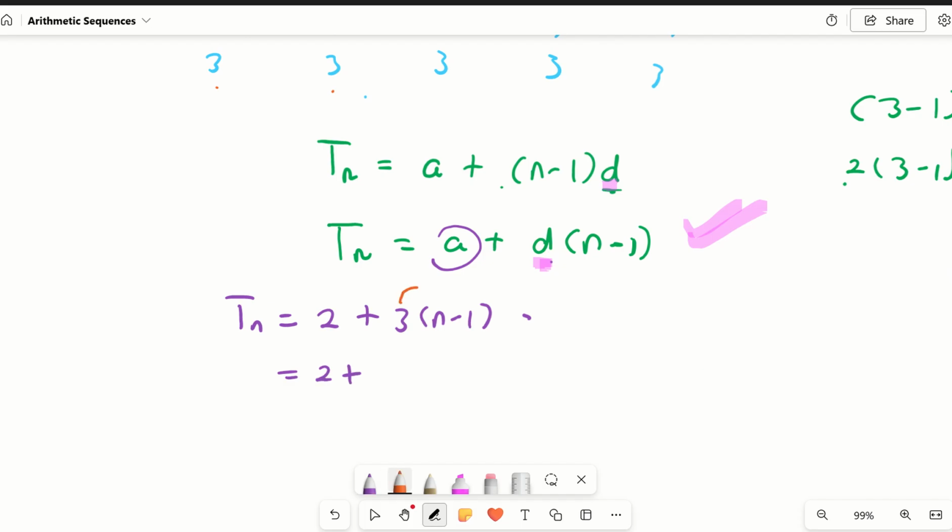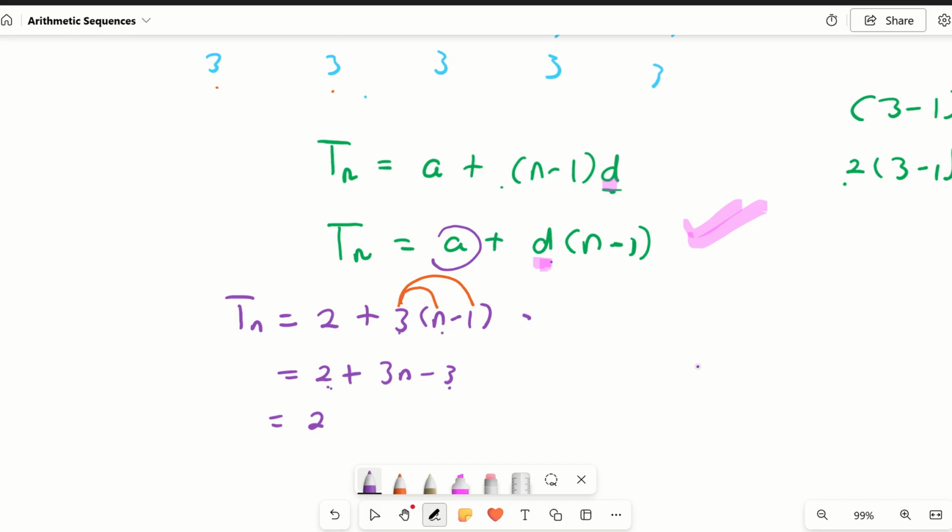You go 3 times n, 3 times 1. So it's going to be 3n, that is 3 times n, and then 3 times minus 1 is minus 3. Okay? And then after that, you put like terms together. You take this 3 and put it next to the 2 because they are like terms. Whenever you are moving like terms around, the numbers move with the signs in front of them.